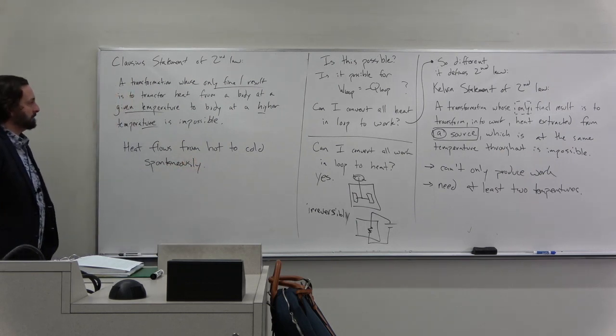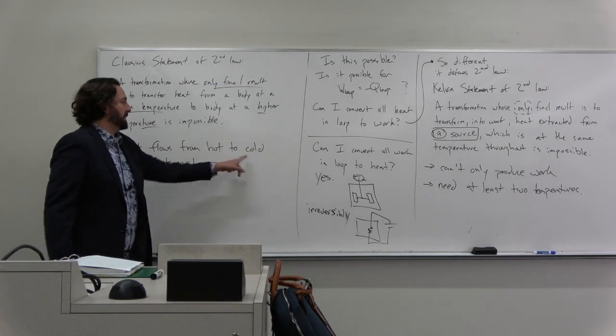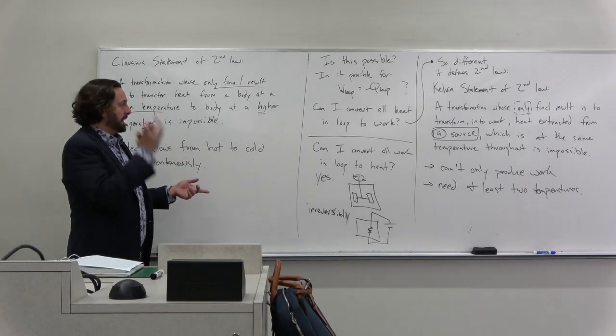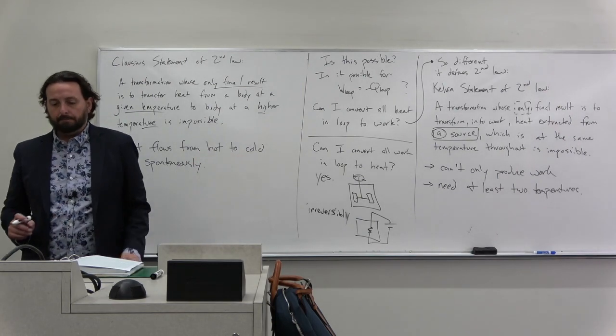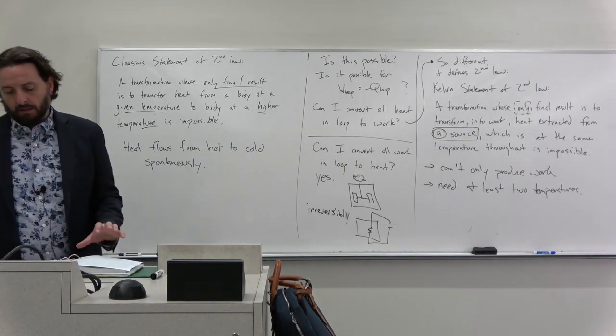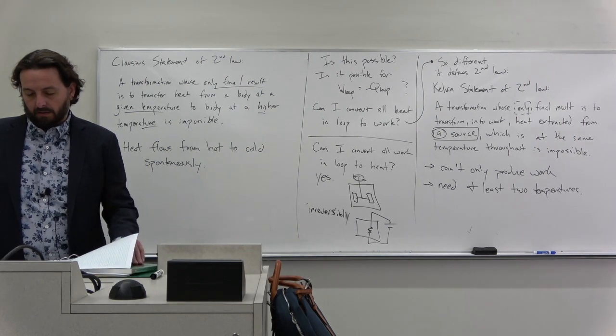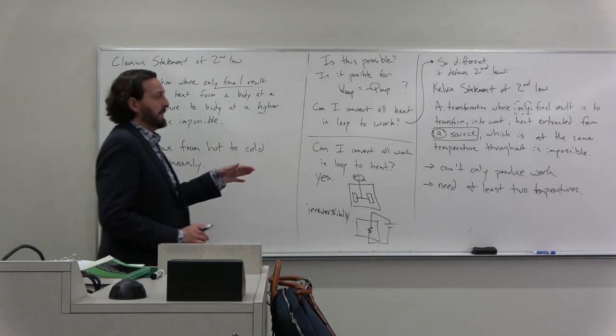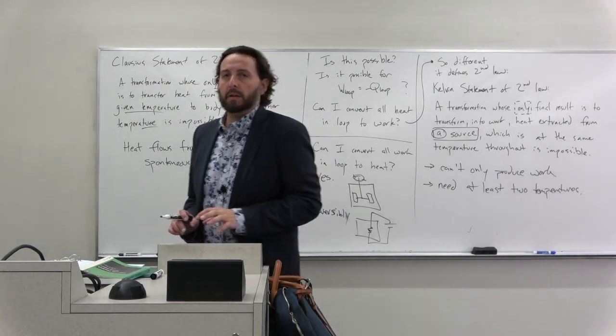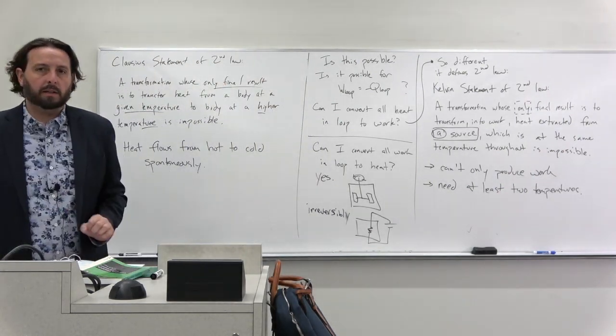So to get it to flow from cold to hot, we're also going to have to do something else. We're going to have to add some work. Okay? So that's another statement of the second law. To dive into this deeper, we're going to actually explore the Carnot cycle in the next section.